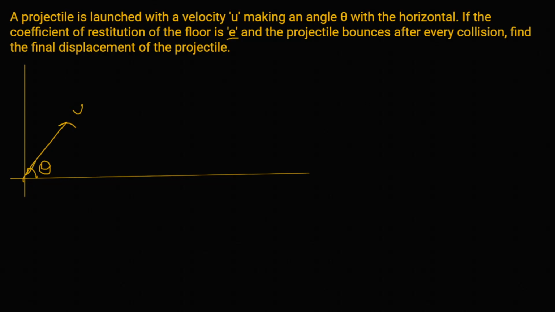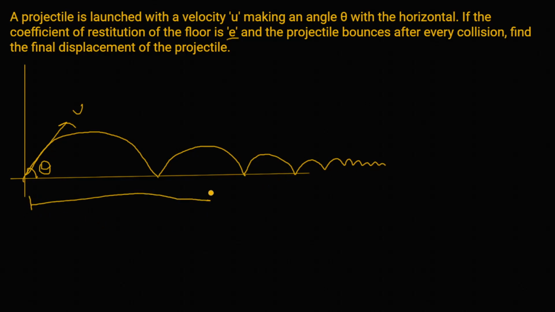The trajectory of this will be a parabola, and now this bounces again. So this is going to be a smaller parabola because some energy is lost, and subsequently the parabola's peak keeps decreasing until it just becomes 0. What we are asked to find is the total distance it travels. Let us see how we can approach that.